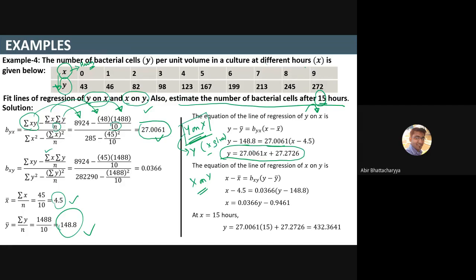All right, so this is all about unit number 2. We have completed unit number 2. Now the next task is to move on to unit number 3.